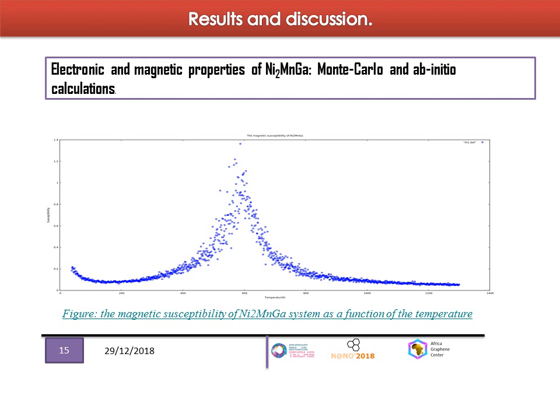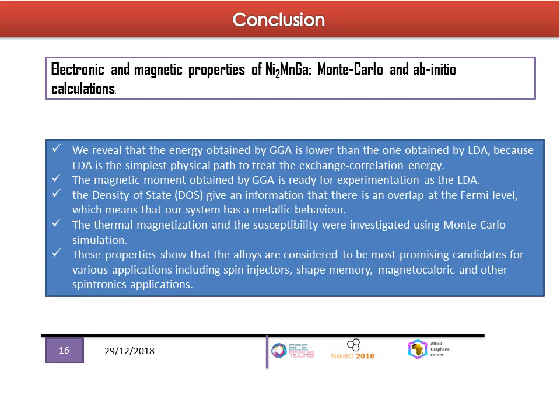It is observed that the peak of the magnetic susceptibility corresponds to the critical temperature. As conclusion, in this work we have investigated the electronic and magnetic properties of Ni2MnGa alloy using two simulation approaches, ab-initio calculation and Monte-Carlo simulation.